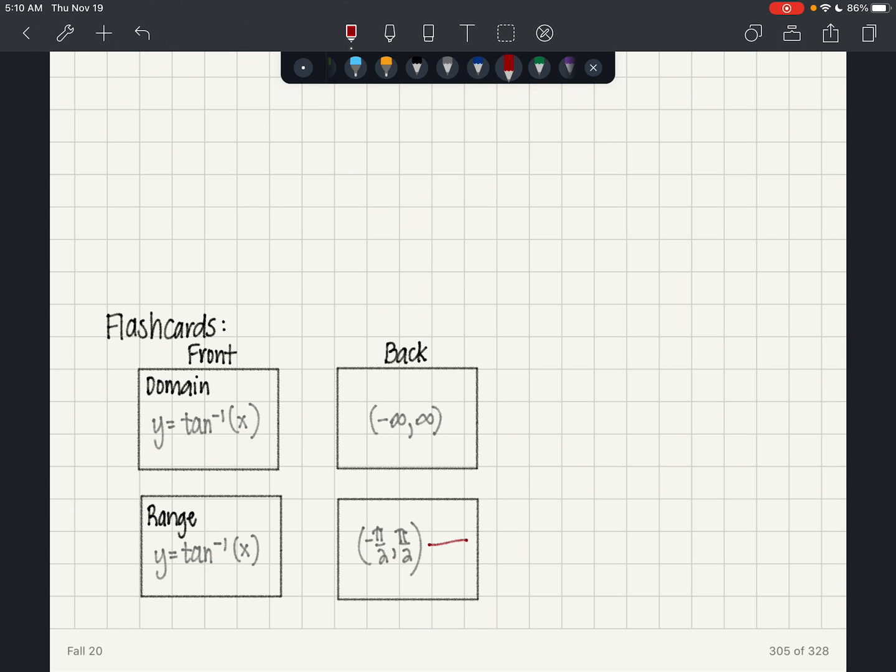And the partial unit circle is an open circle with that little half circle showing quadrants 1 and 4. Now we can write this as y equals inverse tangent of x, or we can use the arc notation, y equals arctangent of x. Sometimes I put the parentheses and sometimes I don't.